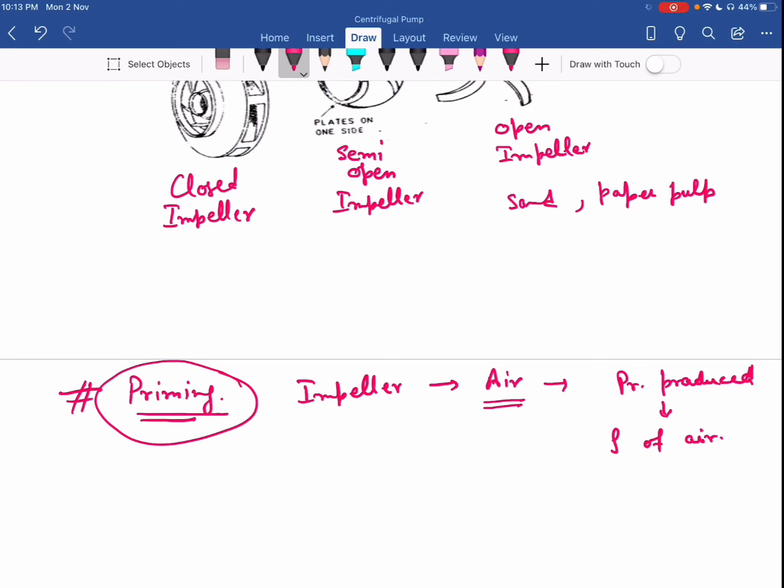So we first fill the impeller with water. Then when the motor starts, the head developed is with respect to the density of the liquid available within the impeller, and that is high enough to take water from the sump to the impeller and then from the impeller to the delivery side. So the removing of air from the impeller, that we call priming.